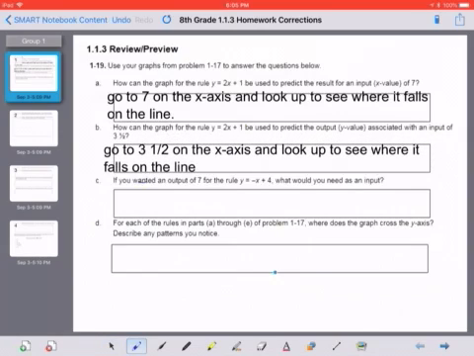The next question asks us, if you wanted an output of 7 for the rule y equals the opposite of x plus 4, what would you need as an input? Well, in this problem, we're trying to figure out what number I have to put in for x to get 7 as an output. So I know that 3 plus 4 equals 7, but if I plug 3 in, that would give me a negative 3 plus 4, which is 1.